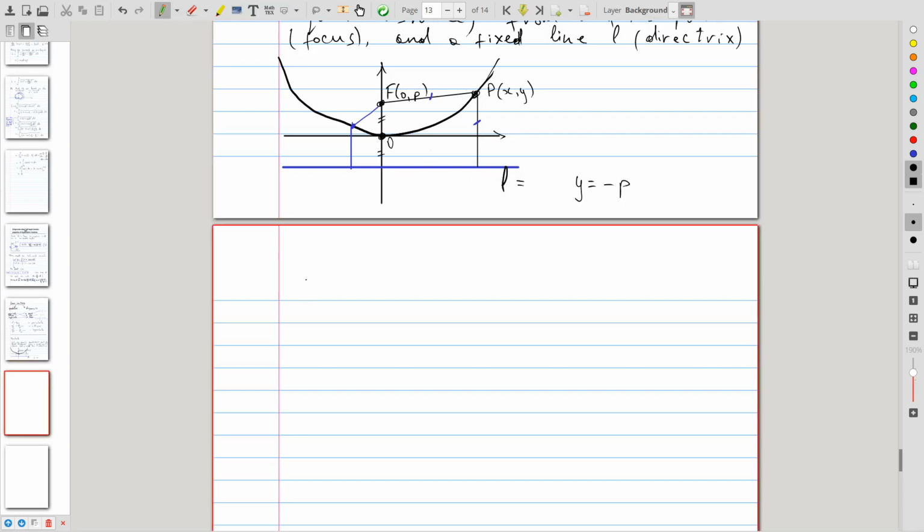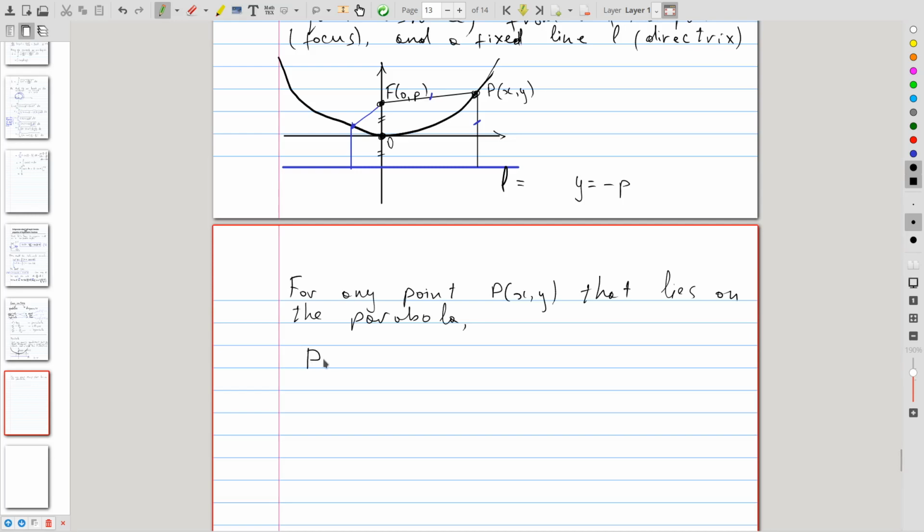So the distance from F to P, or maybe let's write it backwards. Let's put it this way. For any point P with coordinates x, y that lies on the parabola, the following distances are equal.